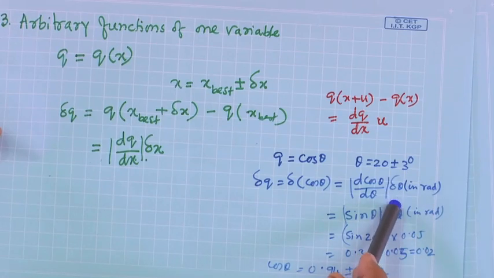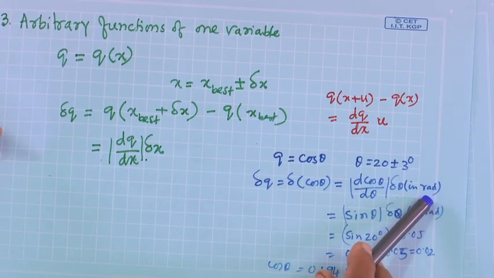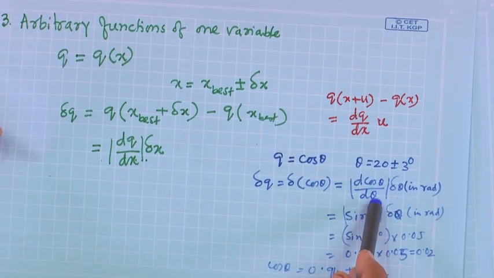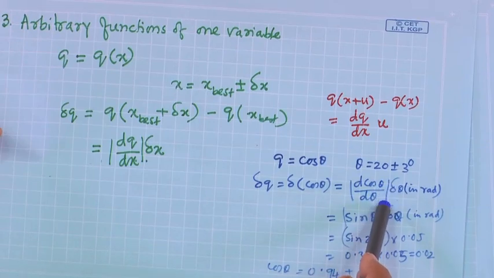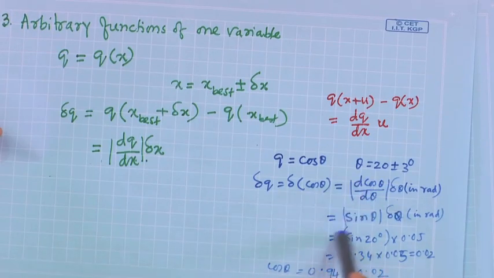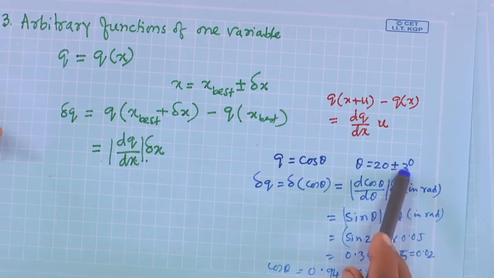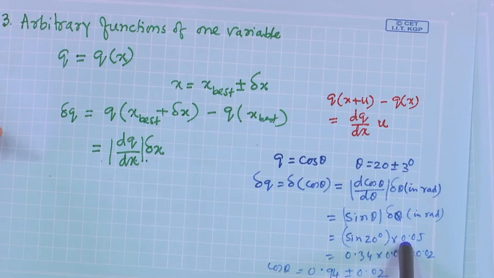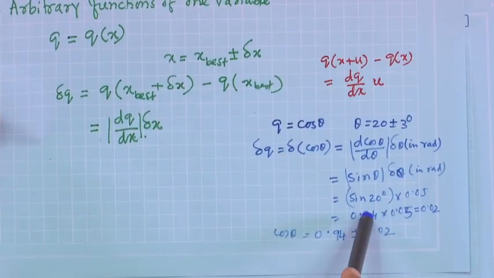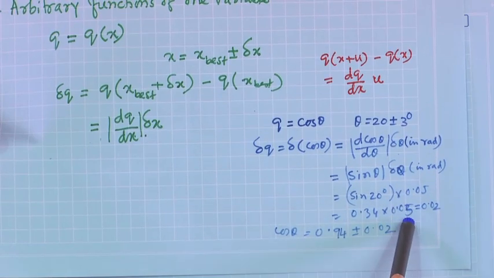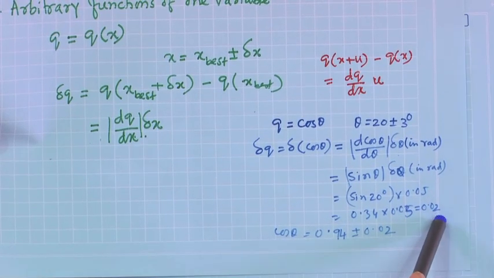Here you have to see that del theta must be taken in radians. So d cos theta by d theta, taking the modulus, is sin theta, since it is minus sin theta. So del q is sin theta times del theta in radians. Sin 20 degrees is 0.34, and 3 degrees in radians is 0.05, so 0.34 times 0.05 is basically 0.02.